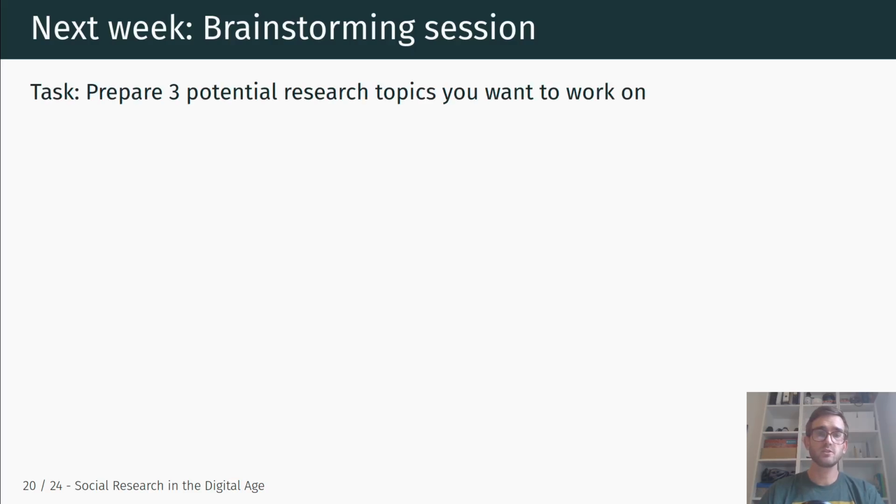So what I want you to do is, until next week, prepare 3 potential research topics that you would like to work on that are related to your ongoing research or potentially starting a new project, but something that you like from a substantive perspective and would be interested in. And then we're going to take turns and discuss these 3 potential research topics for every person.